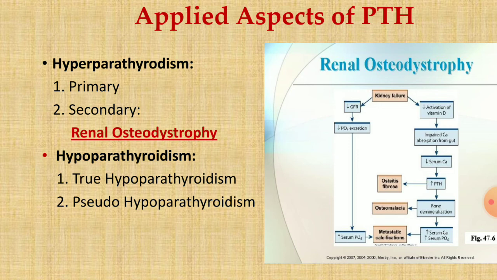Either there may be a problem at the second messenger system, or further downwards in the activity of those second messengers exerting their specific action. So there is end organ unresponsiveness or receptor level problem, that is pseudo hypoparathyroidism.